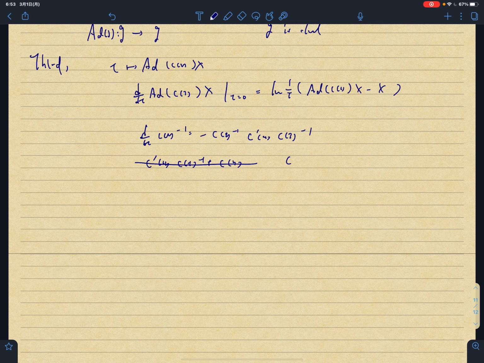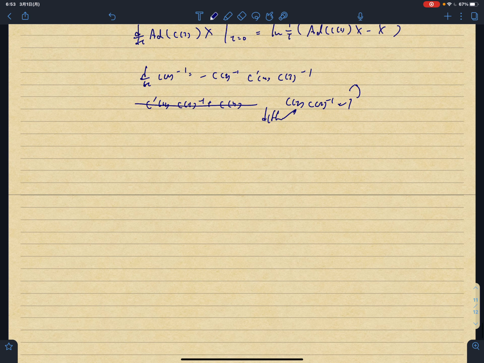You can easily get this by differentiating. So d/dt of Ad c(t) x. It's a very easy question.